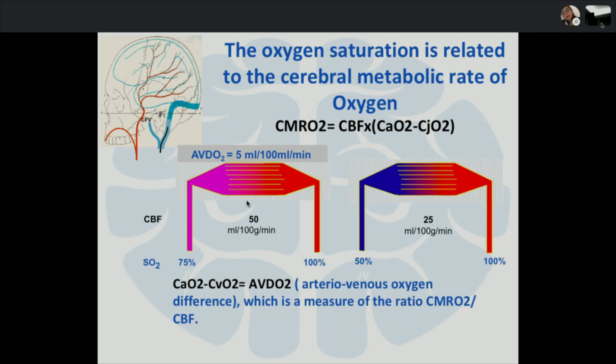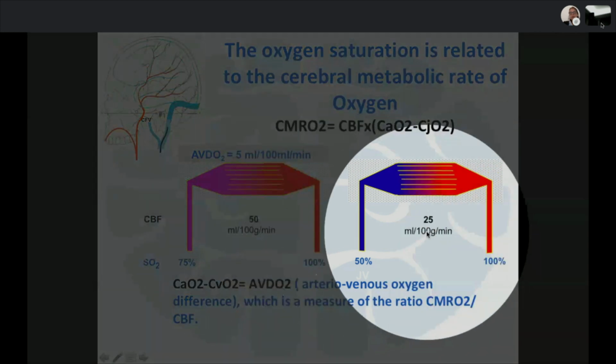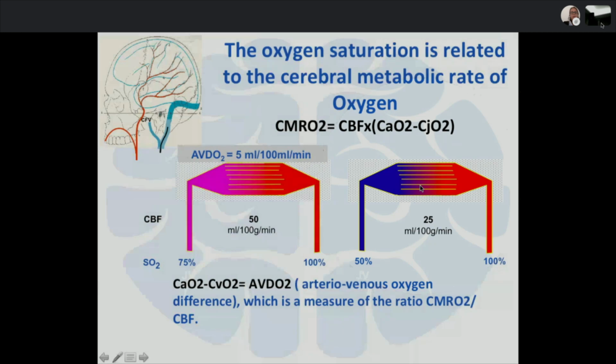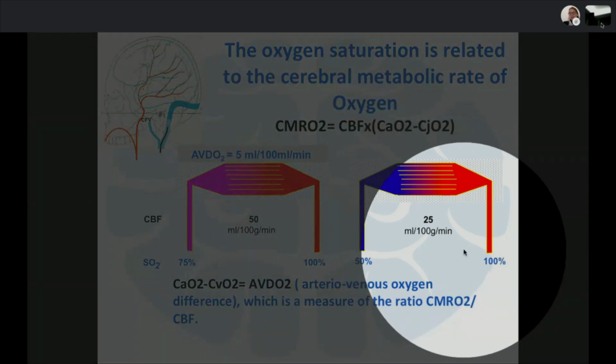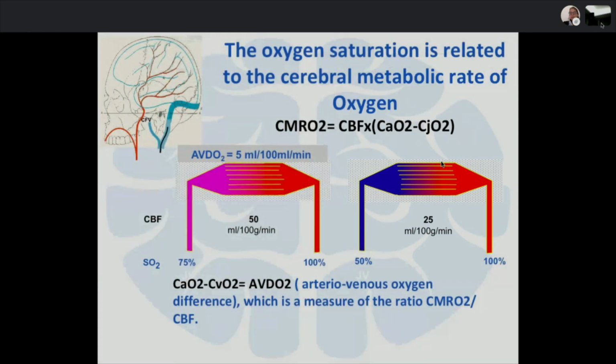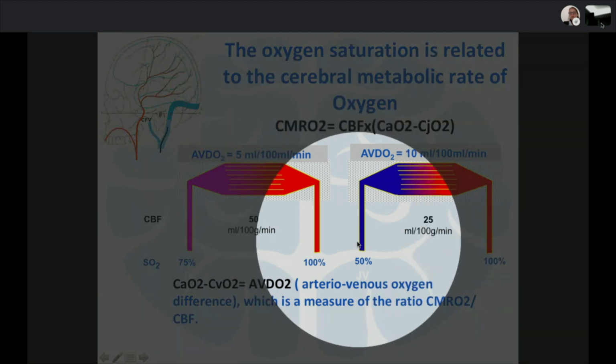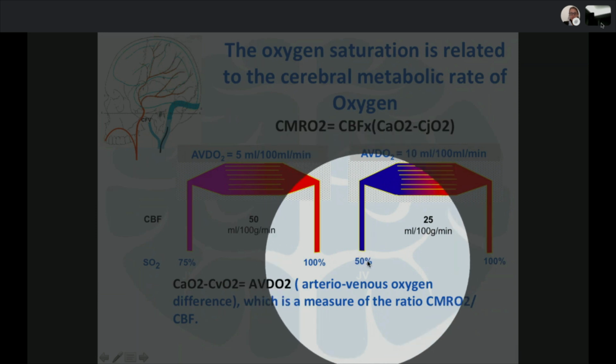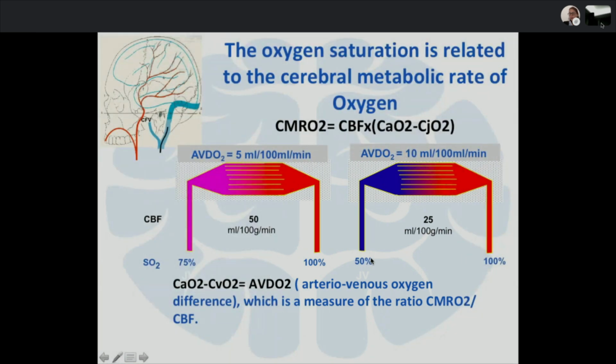But when we are in a condition of a reduction of the cerebral blood flow, you see that now it's reduced, 25 ml per 100 gram per minute. What happens is that the delivery of the oxygen is 100%, but the brain is going to extract much more oxygen. So at the end, in the venous compartment, we have a reduction of the saturation of the oxygen.